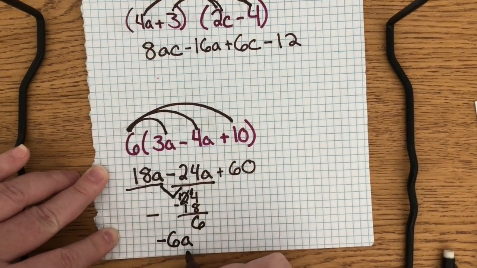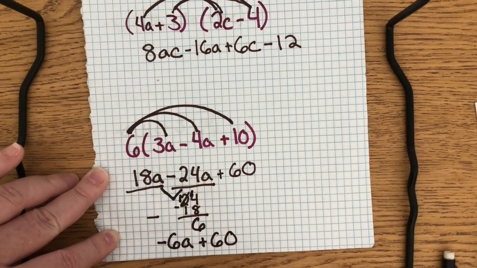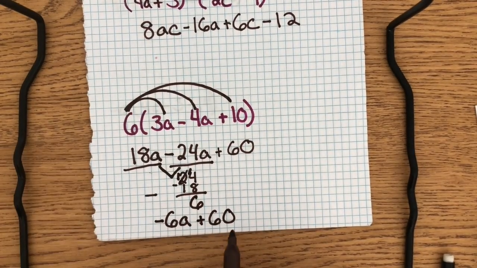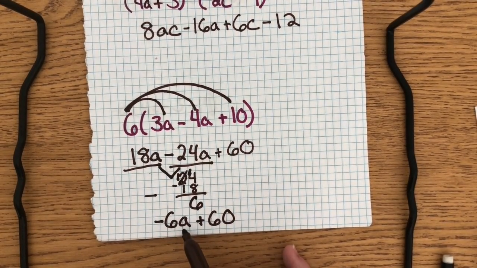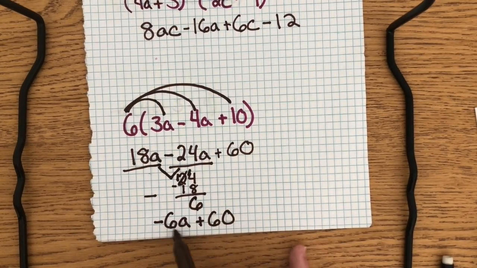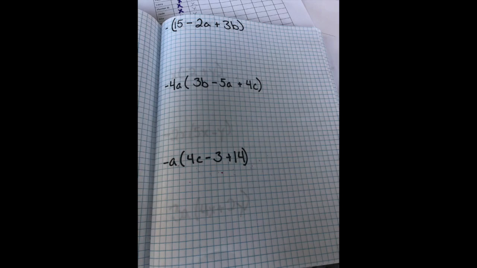I always have to remember that a, plus 60. I cannot combine these 2 terms because they are not alike. A is a variable. 60 does not have the variable, so this is my answer. I can't go any further than this. Pause the video here so you can write down these problems.